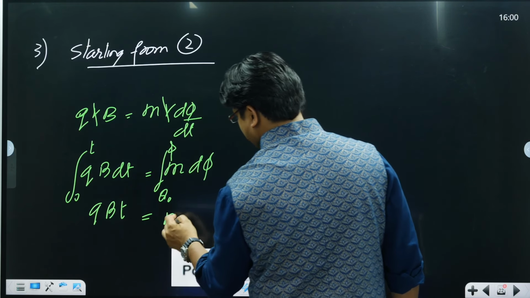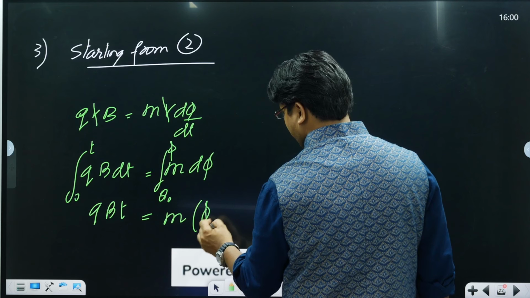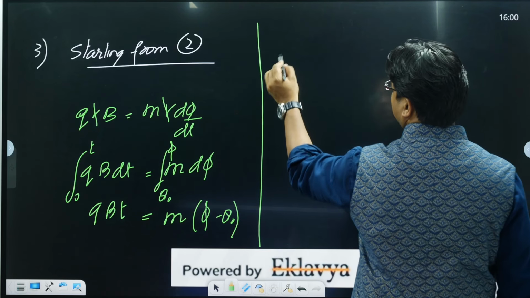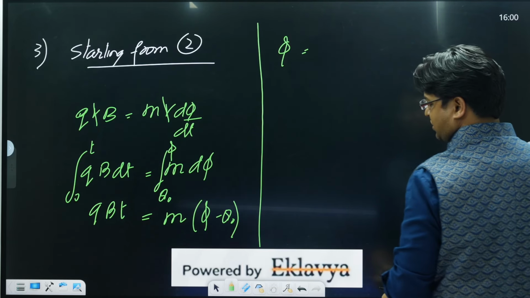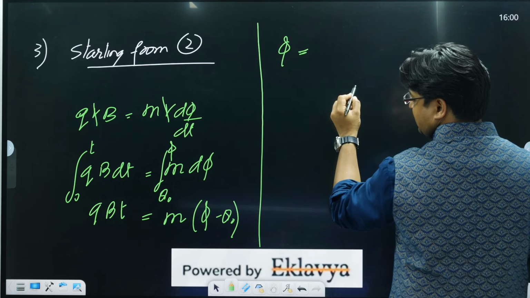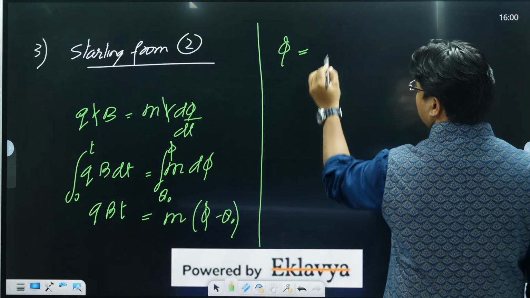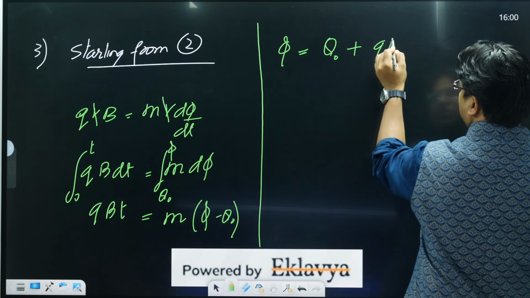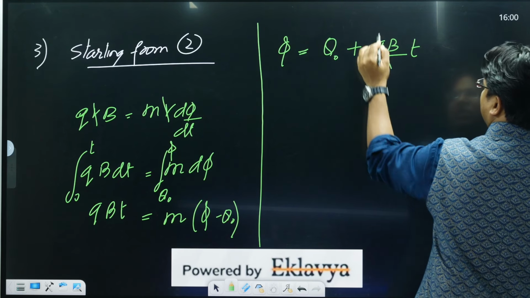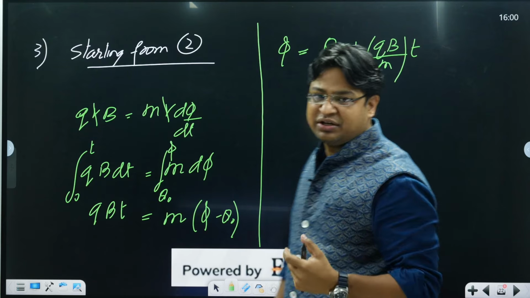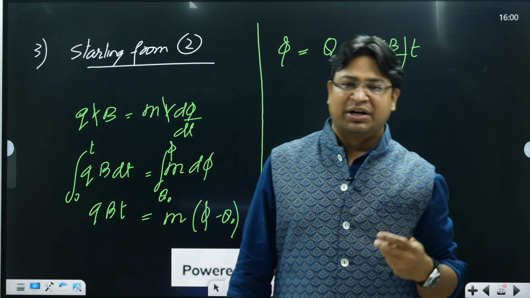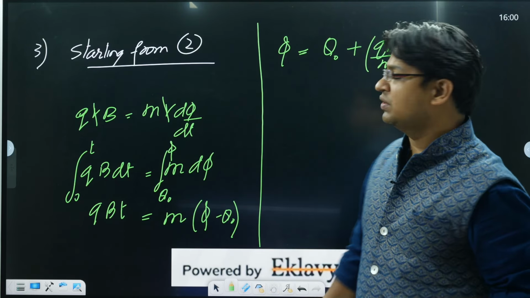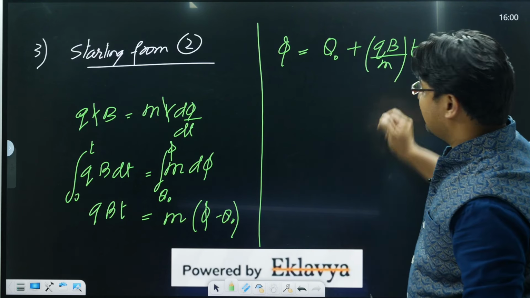So QBT is equal to M into phi minus theta naught, or in other words, phi is equal to theta naught plus QB by M into T. Now remember that when a charged particle moves in a magnetic field which is perpendicular to the initial velocity, the outcome is circular motion with an angular velocity of QB by M. I can see the same thing here.